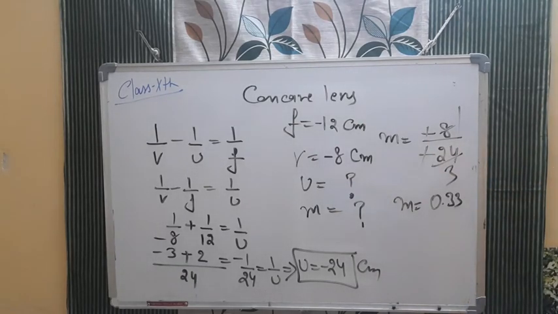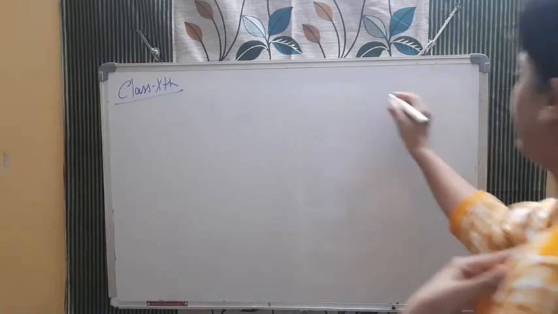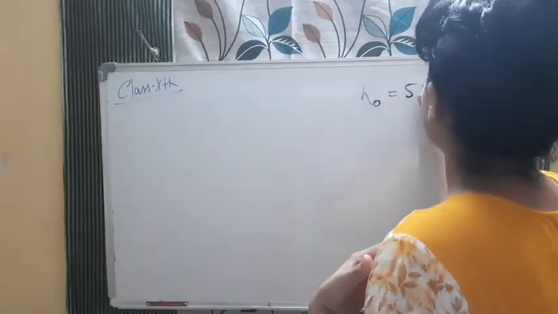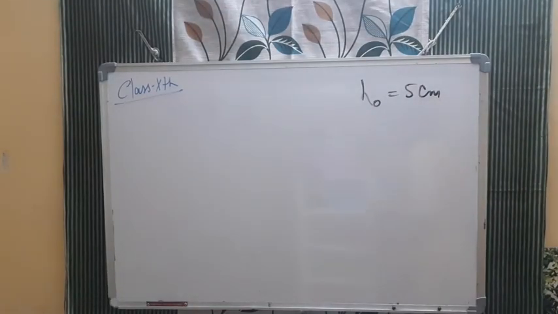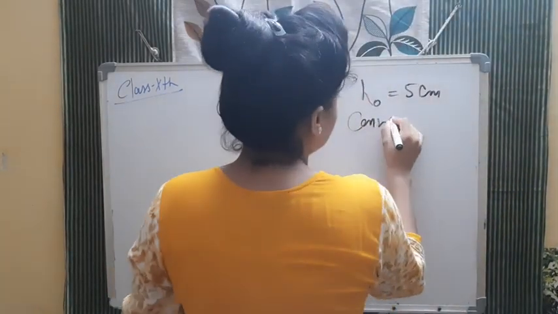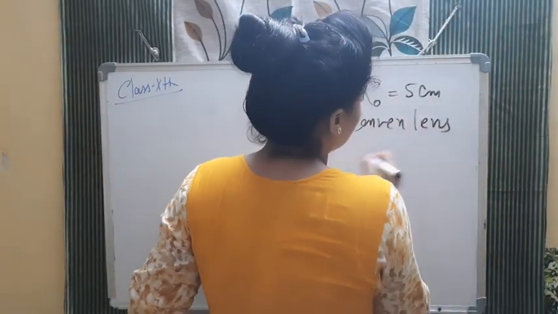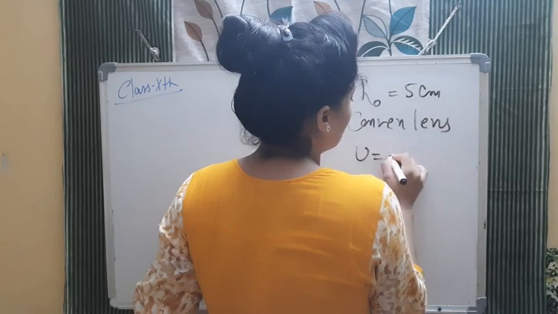Now see the next question. Question is, if an object of 5 centimeter height is placed at a distance of 15 centimeter from a convex lens, so U is equal to minus 15 centimeter, given in the question.